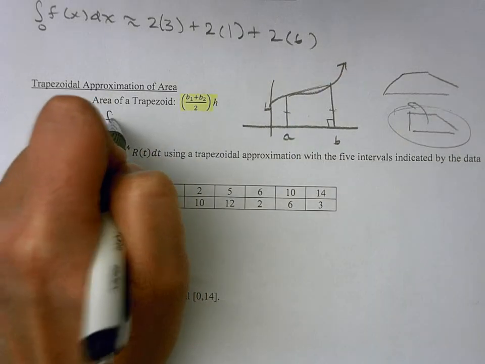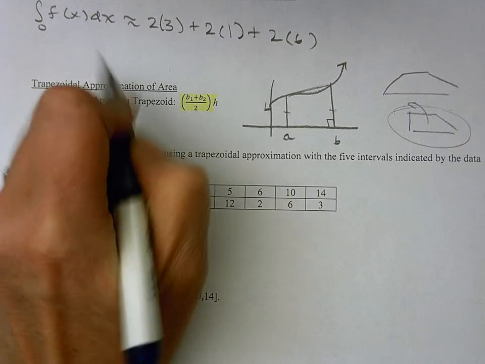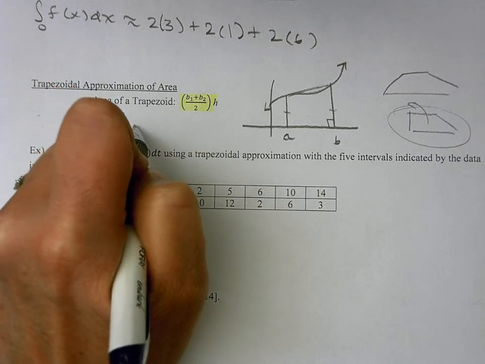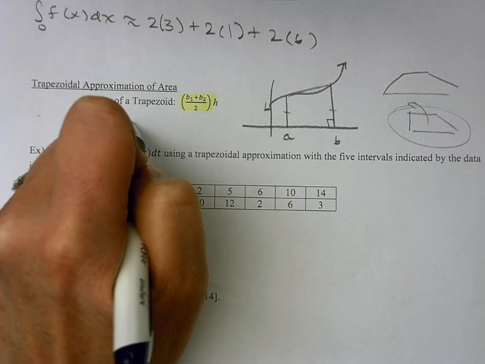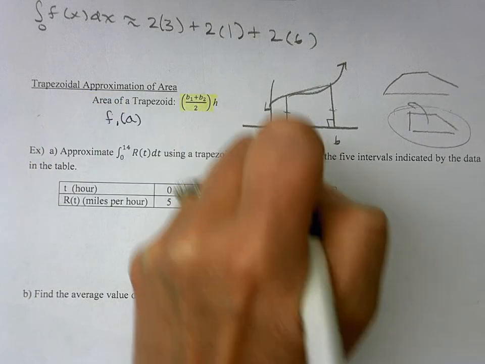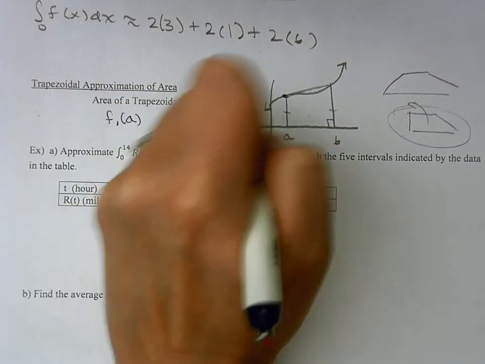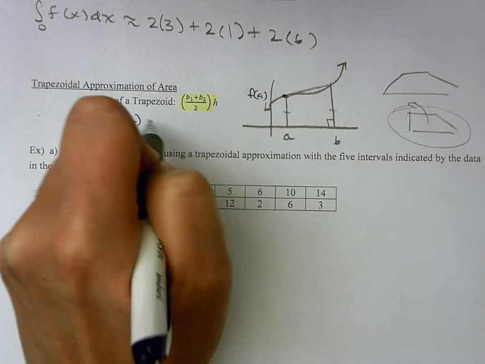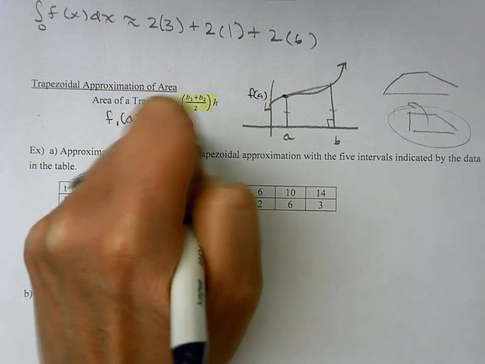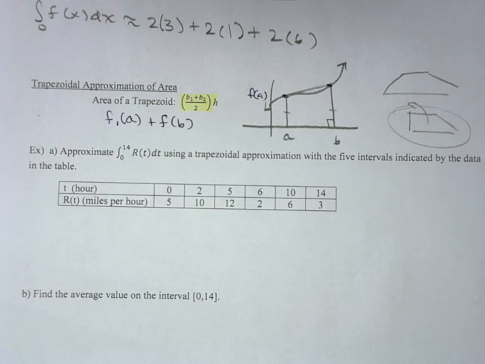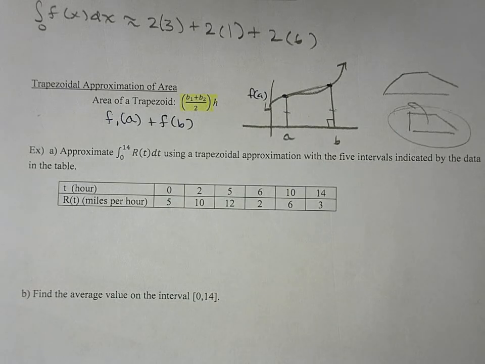The way we're going to think about it is we average our height. So let me just do f of a. The height would be f of a, plus f of b. Think of a and b as my endpoints, the lower limit and upper limit, the ends of the interval. I'm probably not using the most appropriate letters.